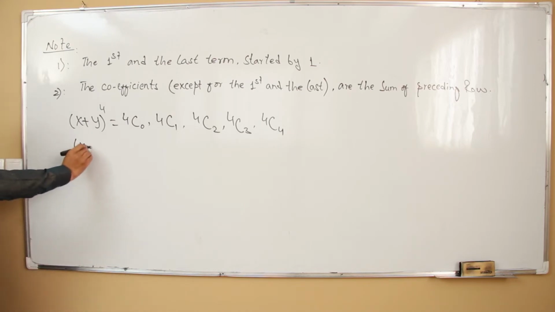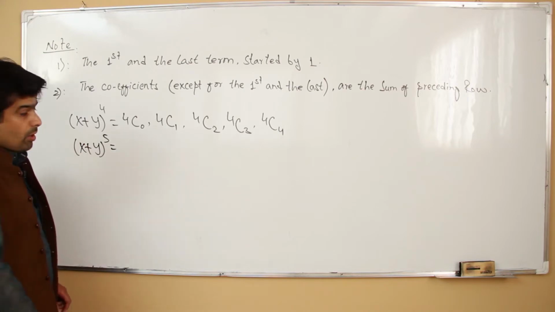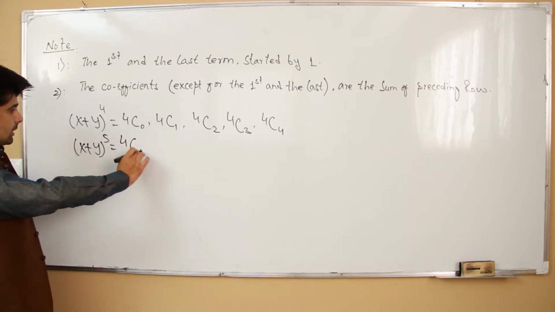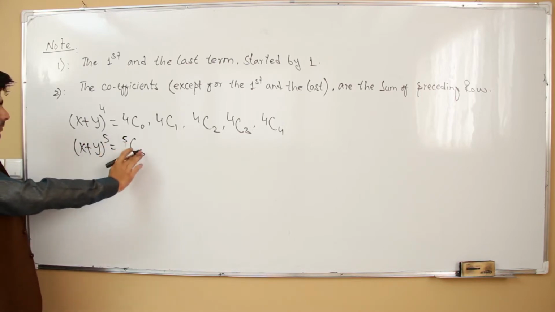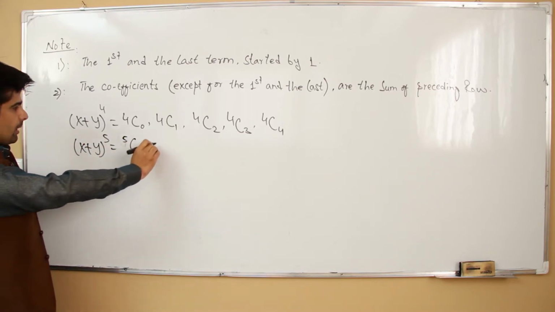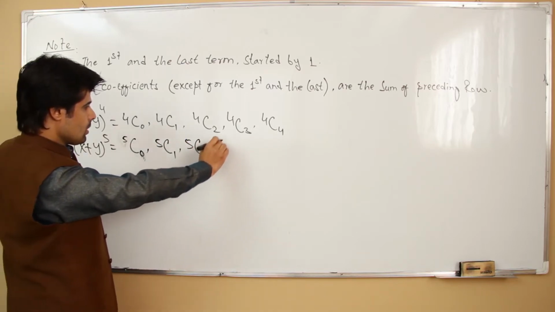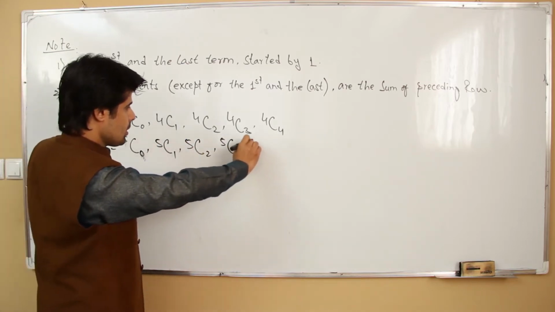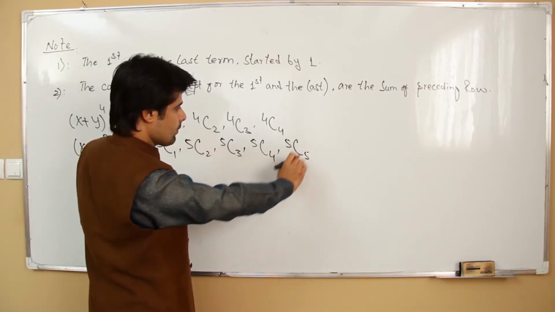If we have x plus y raised to the power 5, now what are the coefficients? It is 5c0, 5c1, 5c2, 5c3, 5c4, and 5c5.